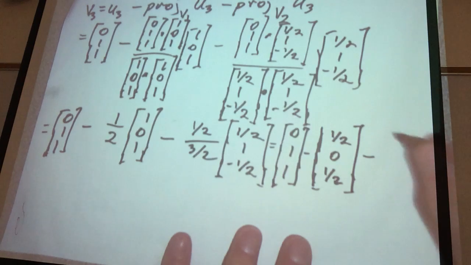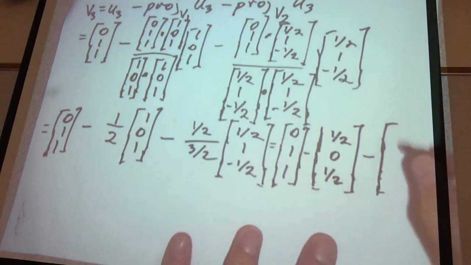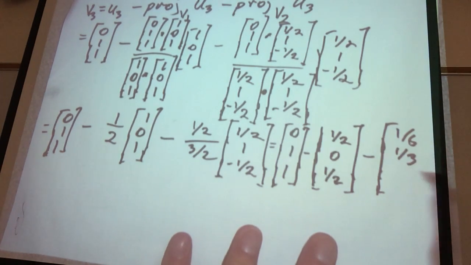So that would turn into 1/3. So 1 half times 1/3 is 1/6. This becomes 1/3, and negative 1 divided by 6.